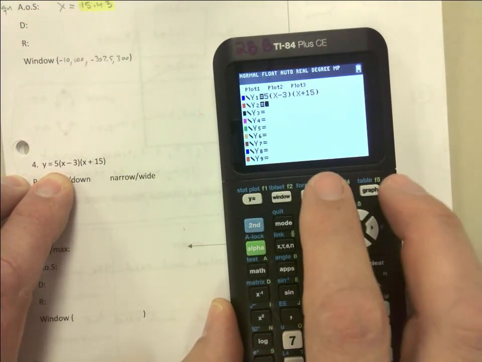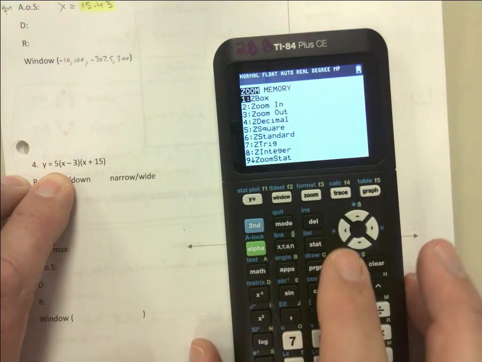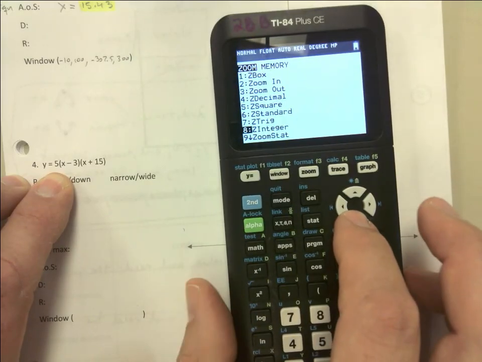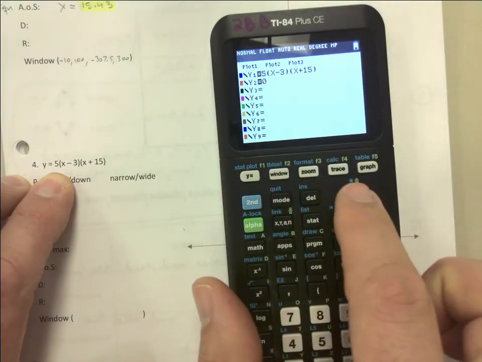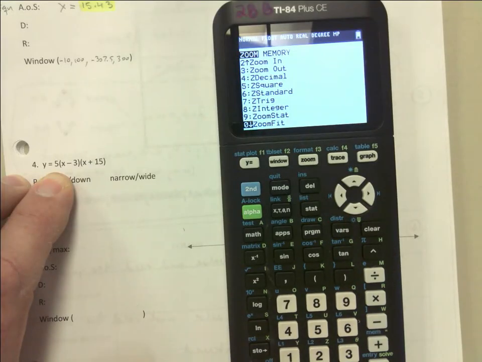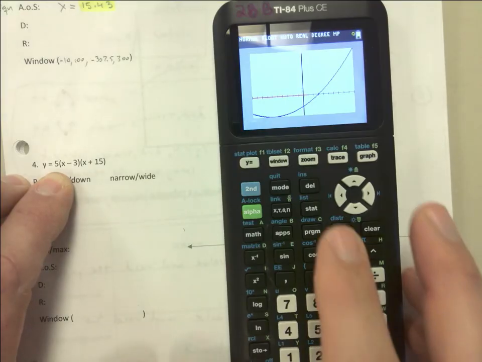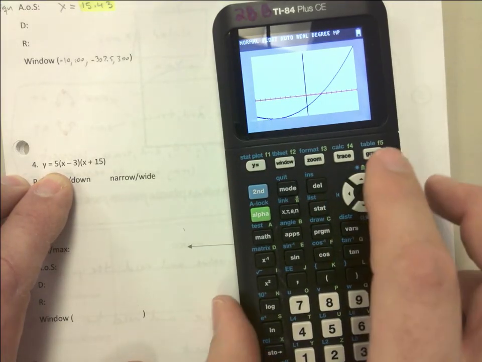So I'm gonna try the zoom standard. And then I'm gonna try zoom fit. By the way, zoom fit has a 0 next to it, so you can actually just go zoom and then press 0, and it will automatically go to zoom fit. You don't have to scroll down to it.